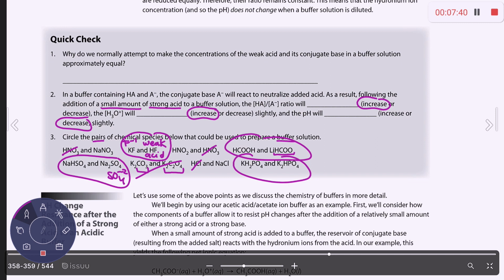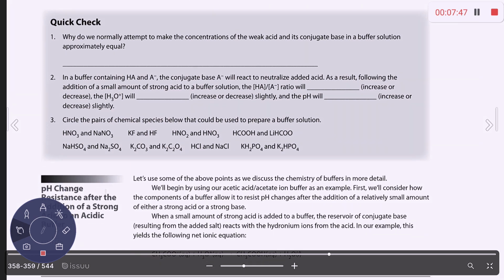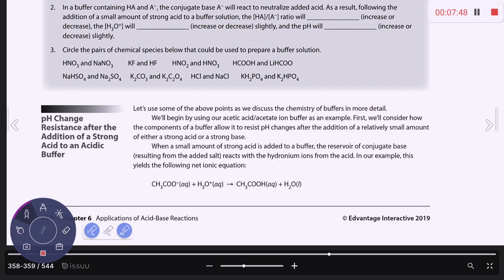Okay, let's go on to pH change after you add a strong acid to an acidic buffer. Let's come down here. When a small amount of strong acid is added to a buffer, whatever conjugate base you have present will react with the hydronium ions from the acid.